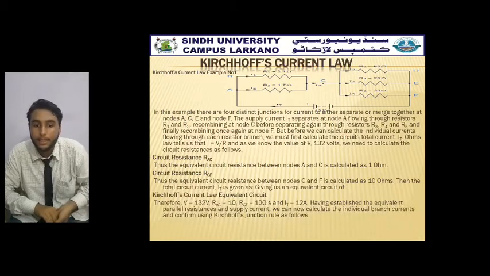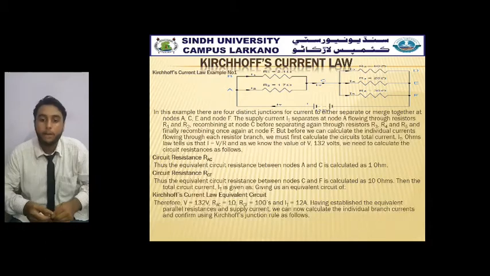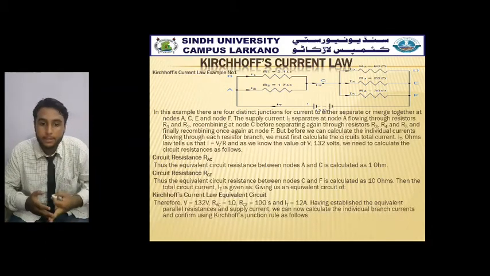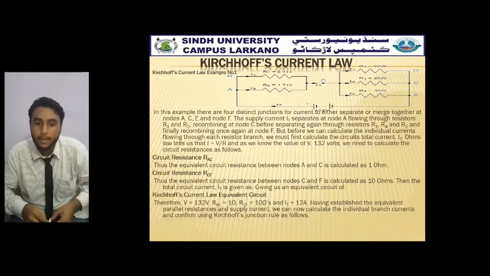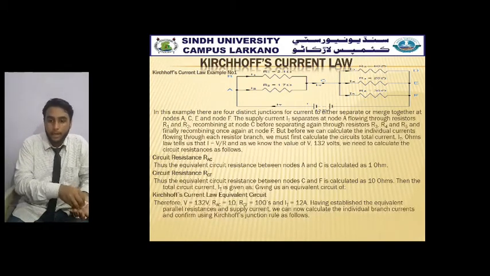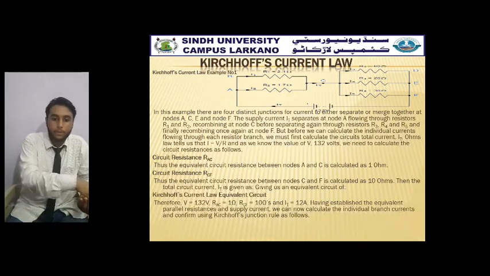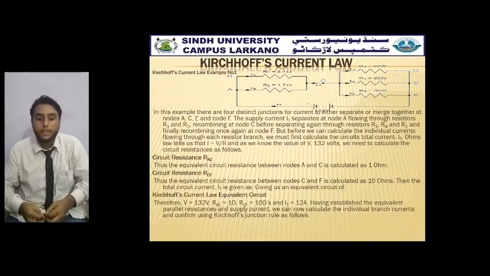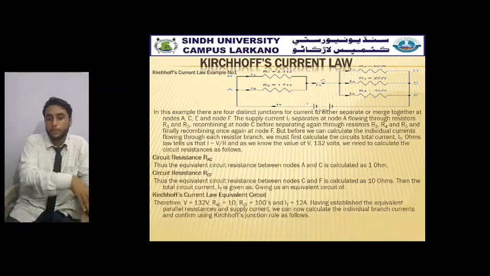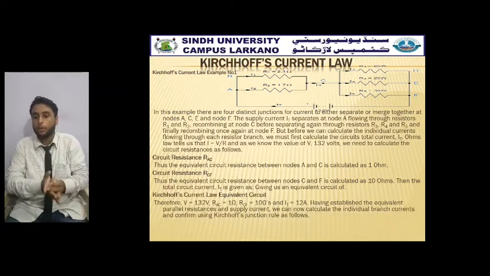Ohm's law tells us that I is equal to V over R, and as we know the value of V is 132 volts, we need to calculate the circuit resistance as follows. The equivalent circuit resistance RAC between nodes A and C is calculated as 1 ohm. The equivalent circuit resistance RCF between nodes C and F is calculated as 10 ohms.